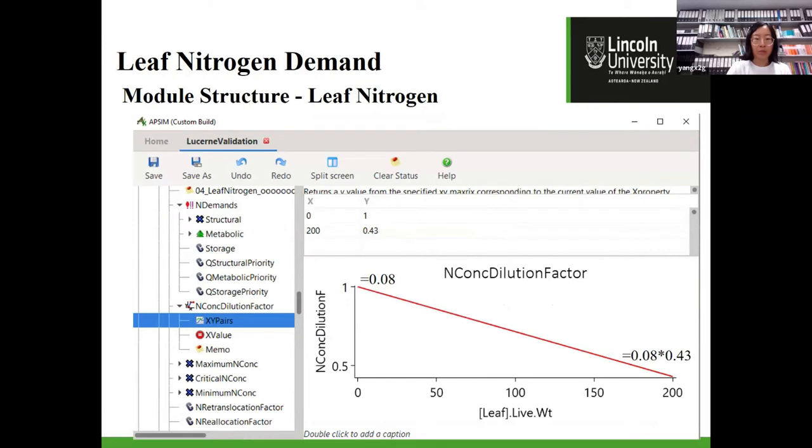If we implement that into the model, we use the nitrogen dilution curve. For 0, it's 0.08, which is a bit higher than 0.06, to get the curve to fit what we presented in the previous slides.